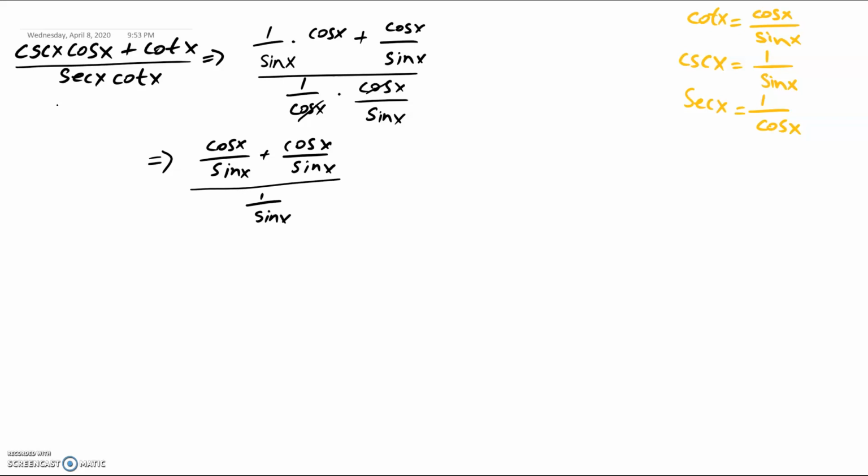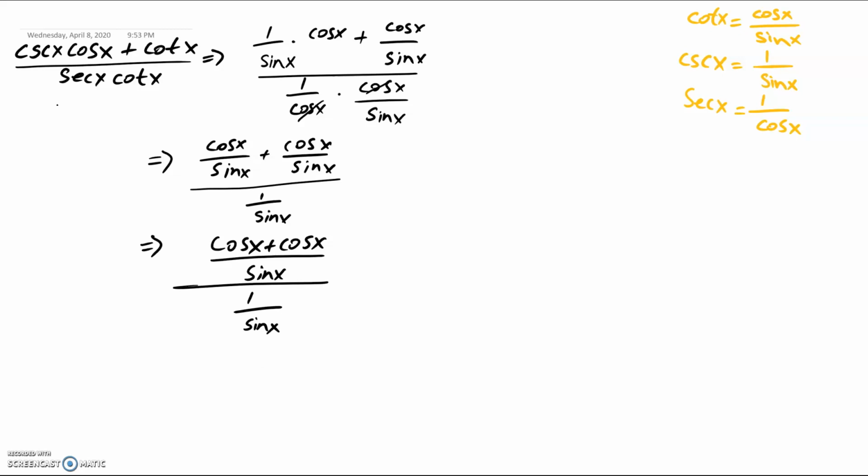Look at the numerator. The numerator has two fractions, and to simplify these two fractions you have to have the same denominator. Here you already have the same denominator, so what do you do? You will just combine them, and it's going to be cos x plus cos x over sin x, and here you have 1 over sin x.